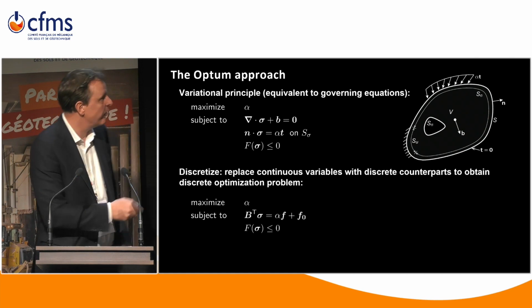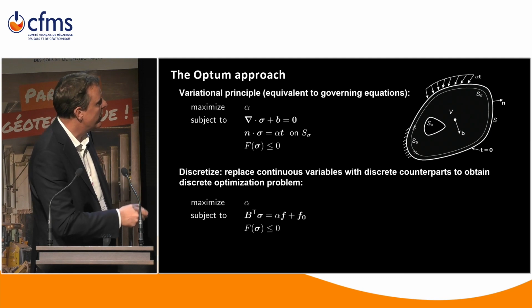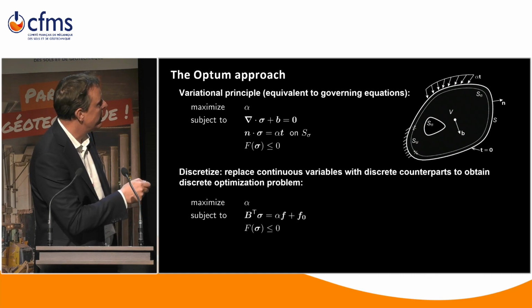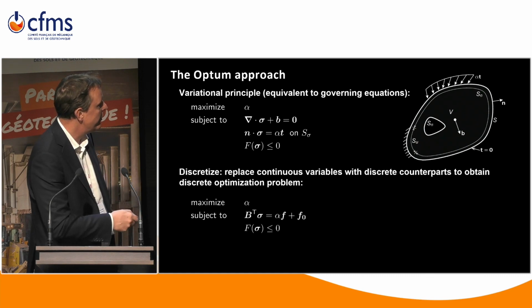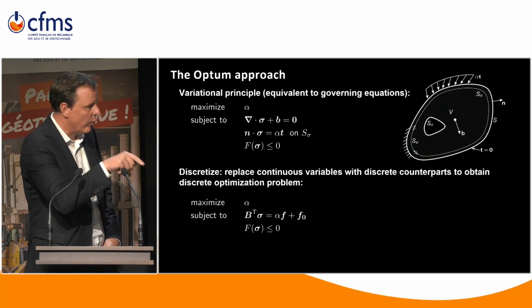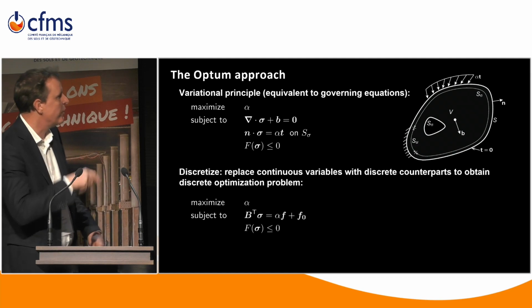You insert those approximations into the problem, and then you get a discrete problem. These are the discrete equilibrium equations, including incorporating the stress boundary conditions and the yield conditions as well, which are enforced at a certain number of points.